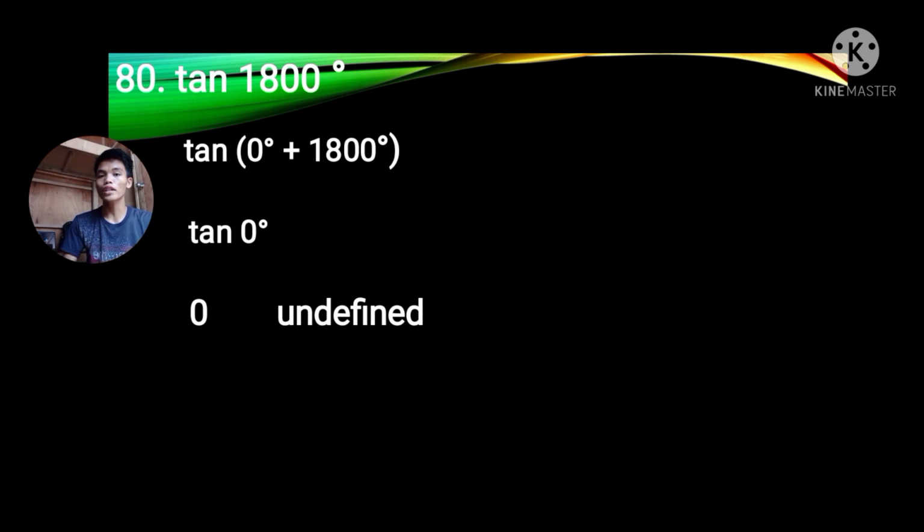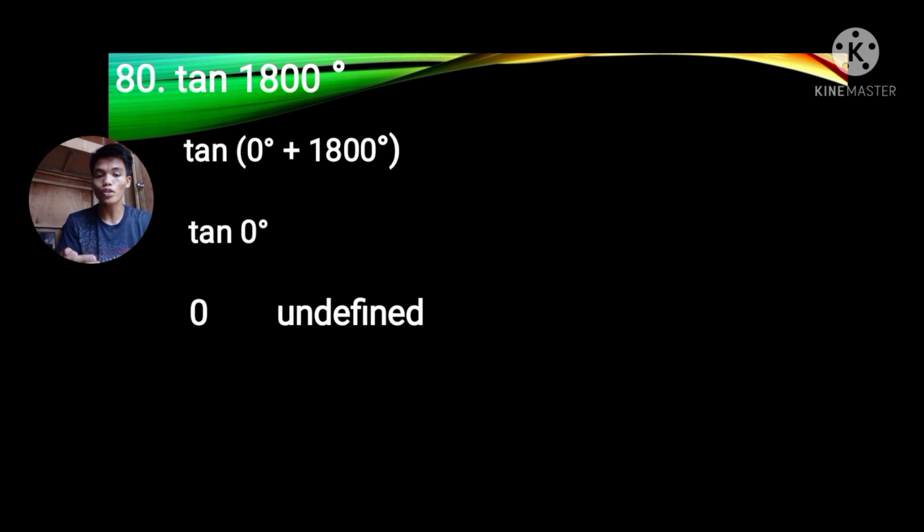In number 80, the situation is we're going to find the indicated function value of tan 1800 degrees. What we are going to do first is rewrite the angle as a sum or difference using the period of sine or cosine function. Therefore, tan of 0 degrees plus 1800 degrees, so the answer is tan 0 degrees.